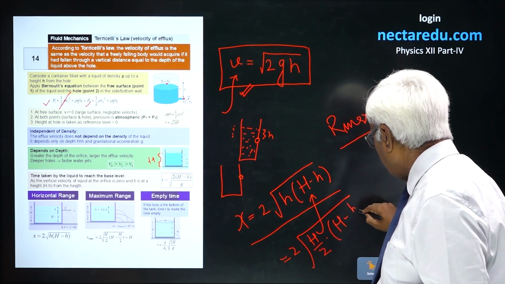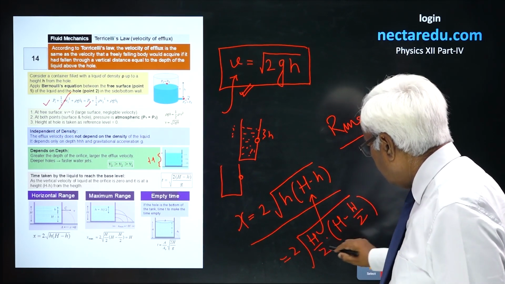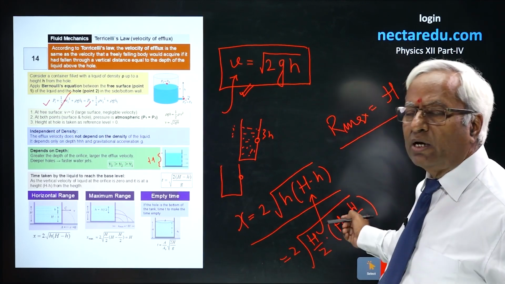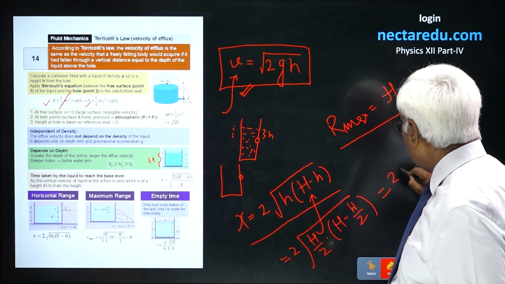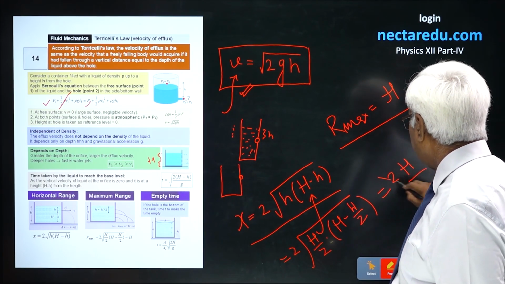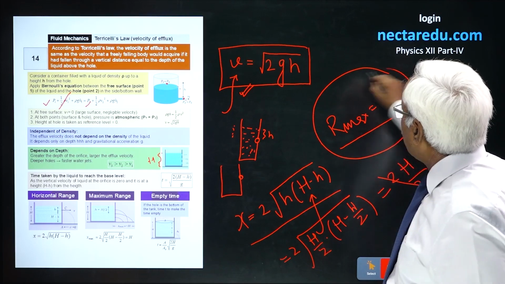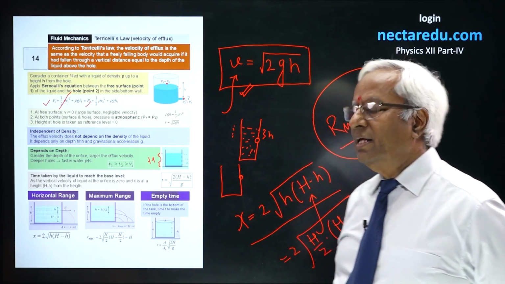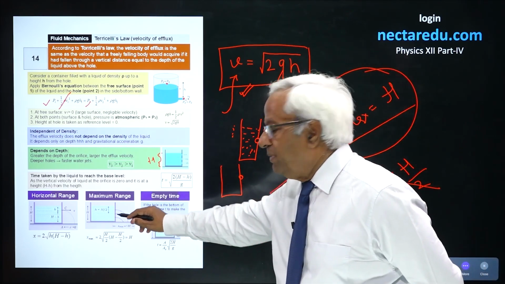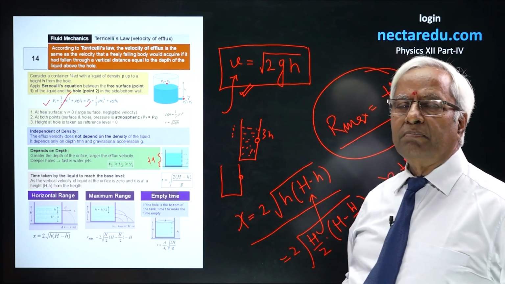Again, in place of small h, put H by 2, you'll get 2 times the square root of H by 2 times H by 2, you'll find finally H by 2, and 2H by 2 obviously stands for H only. So, the maximum range that is possible from any container is when the opening is quite in the middle.